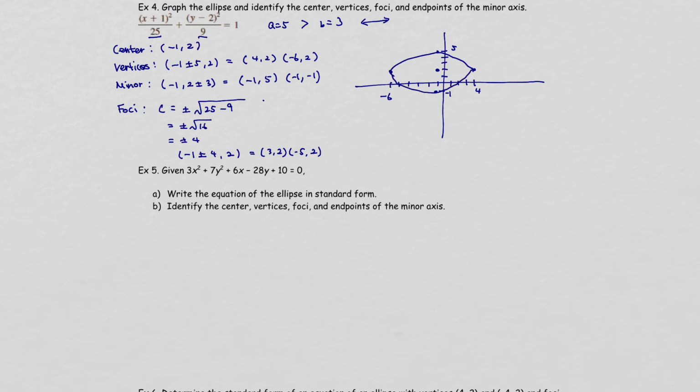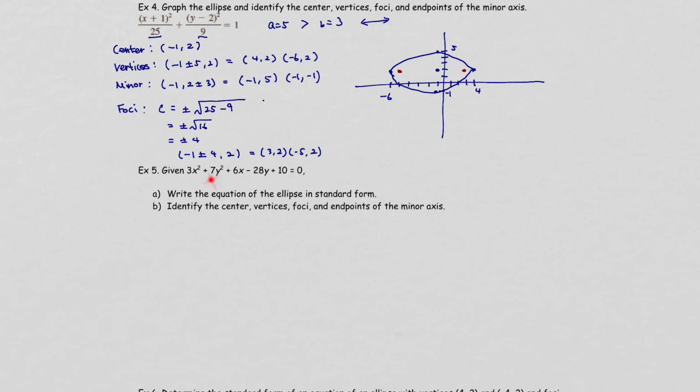And your focus points are going to be 3 and 2, negative 5 and 2. So this is how you're going to graph when your equation is in the standard form of an ellipse.